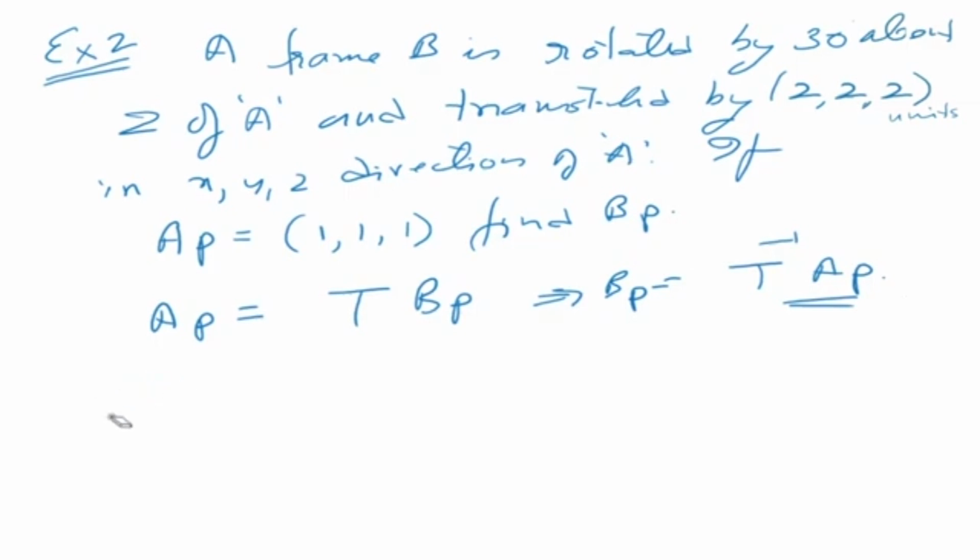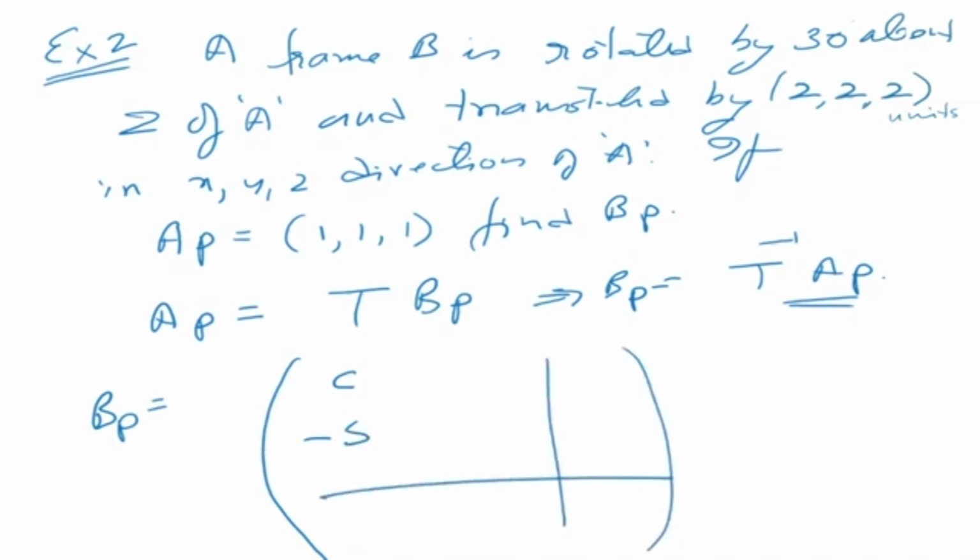So what is T inverse? T inverse will be the inverse of the transformation matrix, which has R transpose on one side and 0, 0, 0, 1 on the other side. So what is the rotation matrix? Let's write it here.